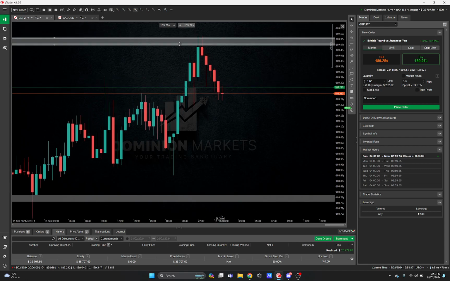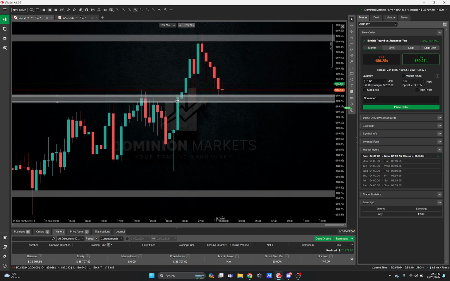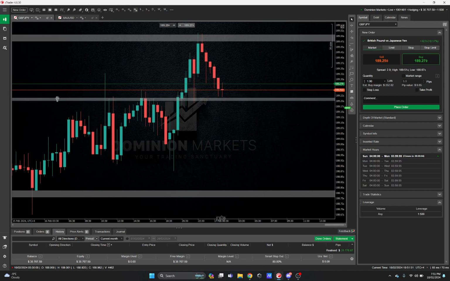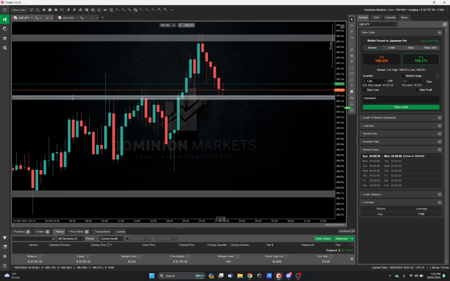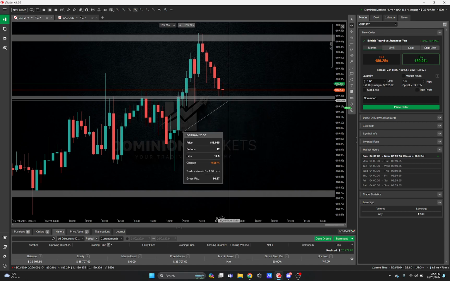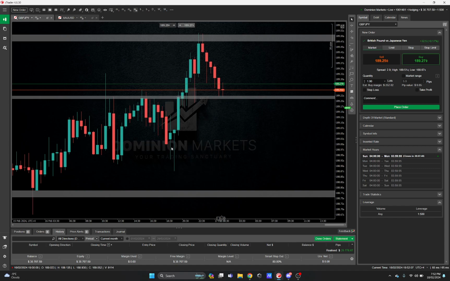We know there is some sort of rejection happening right here, and then a rejection here and a rejection here. If you break below 189.200, your range is 14, 15 pips, and then you've got another rejection down here at this point.